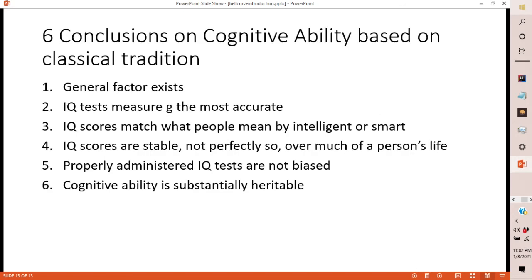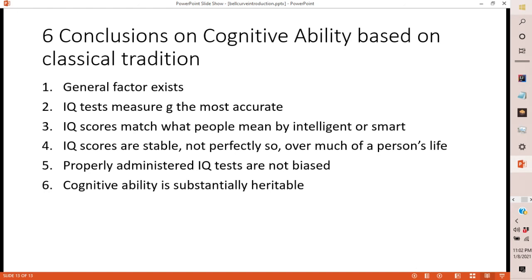And we're going to end with this slide. The six conclusions on cognitive ability based on the classical tradition that the authors mention in the pages can be backed up with data that are tough to dispute. All right, and this is what Charles and Richard claim here.